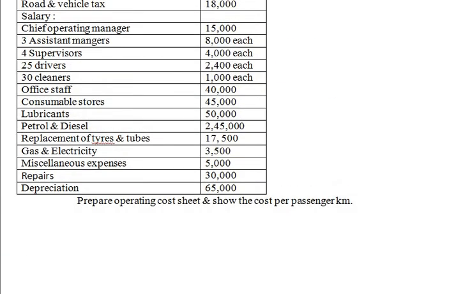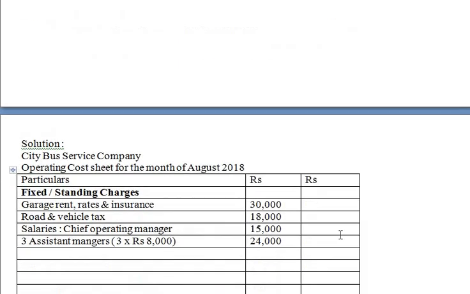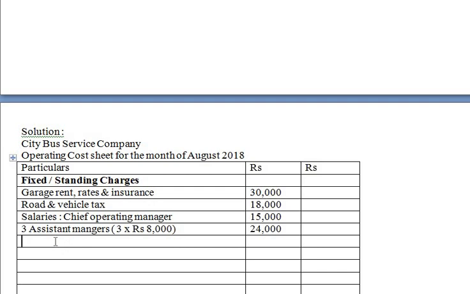Next. So these all I'll copy first, because these all are standing expenses. Now 4 supervisors, the amount is 4,000 each. So in brackets you can write 4 into rupees 4,000, so that is 16,000.